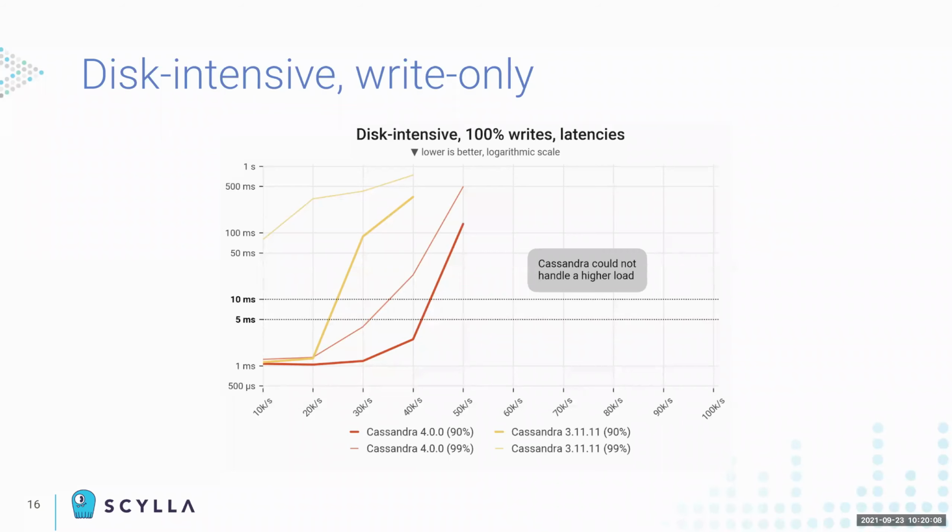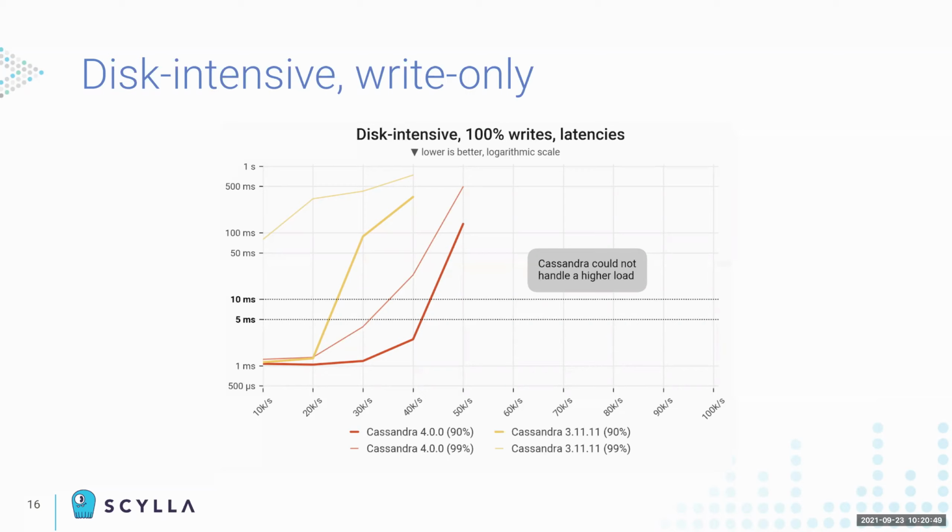Now we'll move to the disk intensive workload. First of all, as you can see, Cassandra 3 lines end a bit sooner than Cassandra 4. Cassandra 3 ends its maximal throughput at 40,000 operations per second, while Cassandra 4 can achieve up to 50,000 operations per second. So there's the 25% improvement in maximal throughput that the Cassandra developers have advertised, and in our measurement, it holds true.